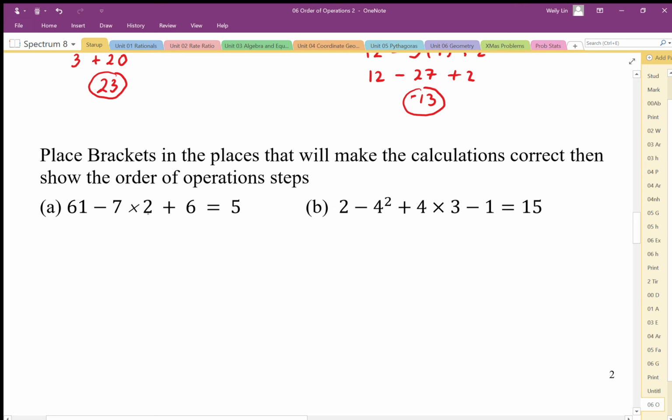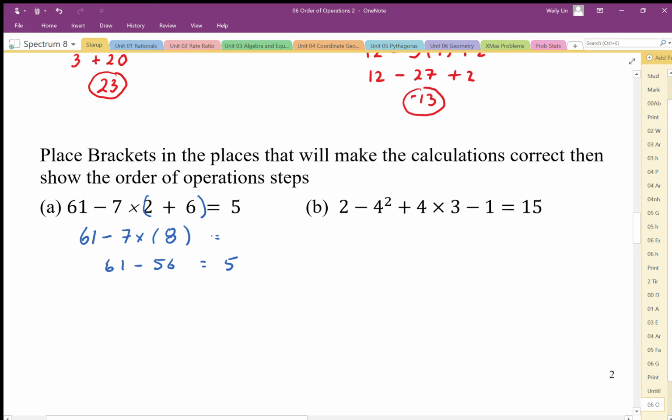If I put brackets around here, I'm going to end up with 61 minus 7 times 2 plus 6, which is 8. This is going to be 56, and that's going to give us the difference of 5. Okay, so the brackets go around the 2 plus 6.